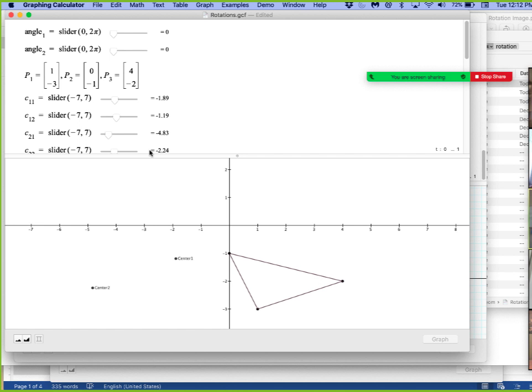Okay, so for instance, this first thing rotates about center one. So rather than rotate about any center, what might be an easier version to start with? Rotating a point about the origin. Right. So rather than having the flexibility to move the center anywhere you want, we rotate around the origin.